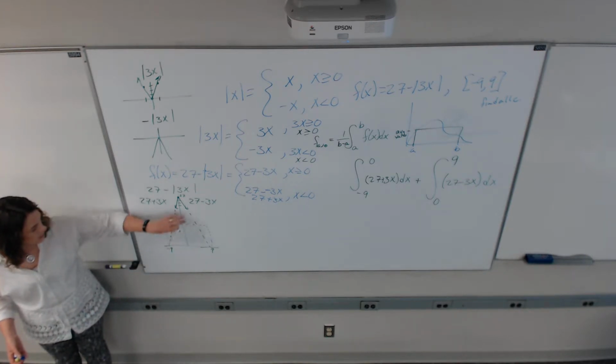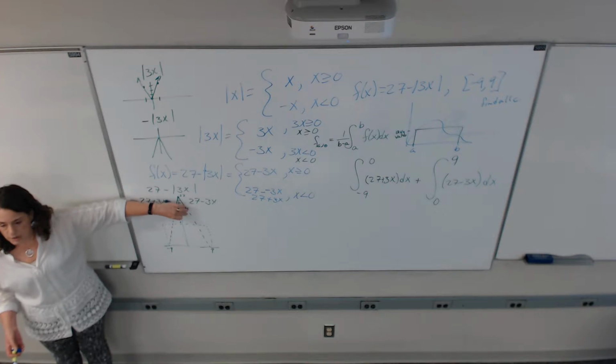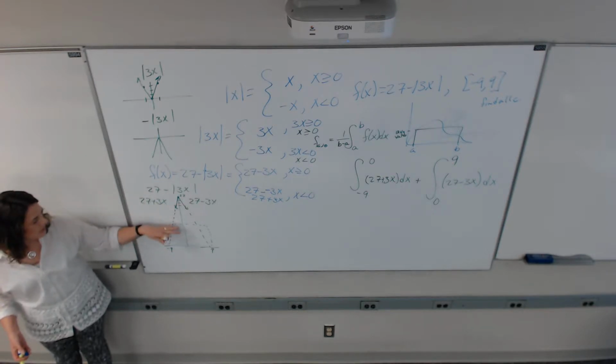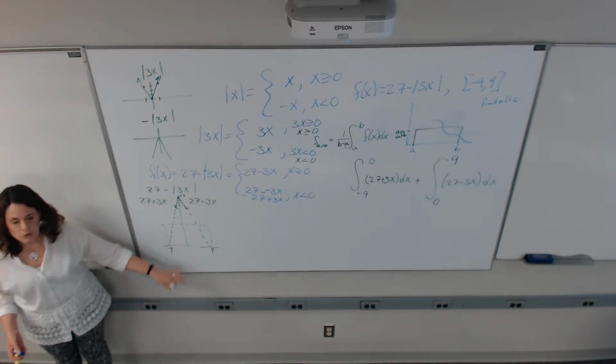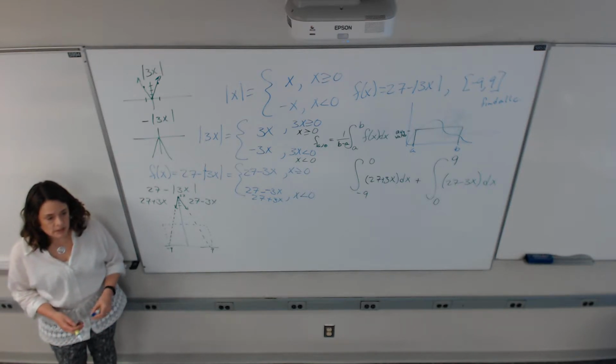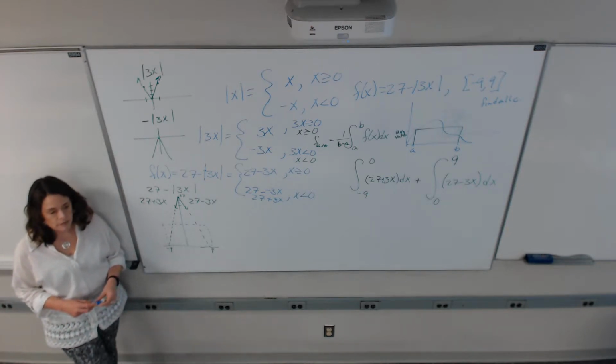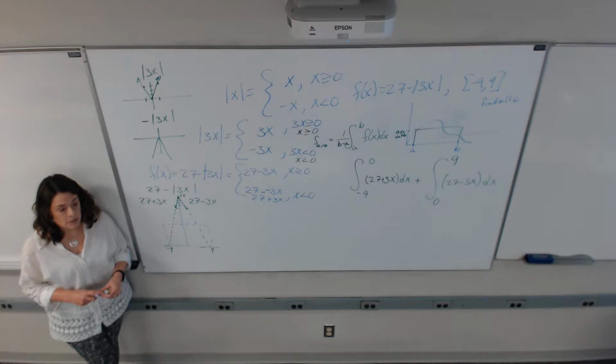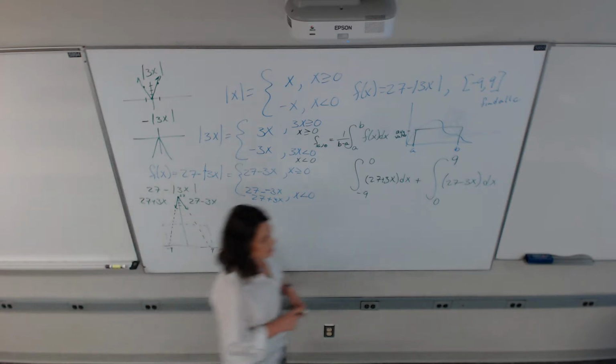This is not, but I've got to make up for these parts up here that are left out. So I would guess somewhere about halfway in between 0 and 27. So I would expect anywhere from 10 to 17 to be the average value, something like that. Okay? Does that make sense to everybody?